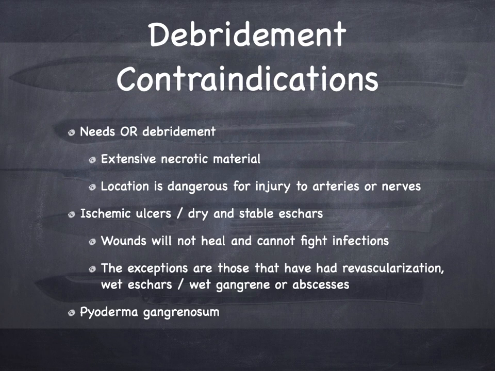And if you have a dry, sterile eschar covering it, unroofing it will only expose deeper structures, not to heal or fight infections. The exception to removing these eschars or gangrene is when these are infected or after revascularizations. And thirdly, the last is pyoderma gangrenosum, which is an autoimmune disorder that tends to induce even further necrosis when you do sharp debridement or any type of agitation to the wound.